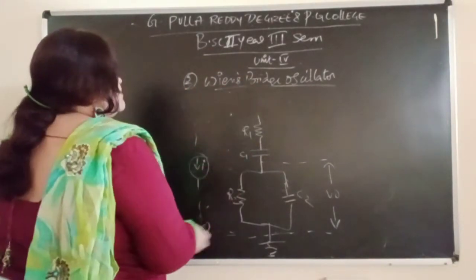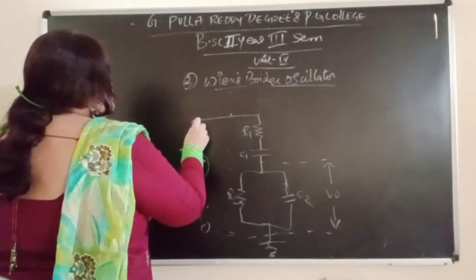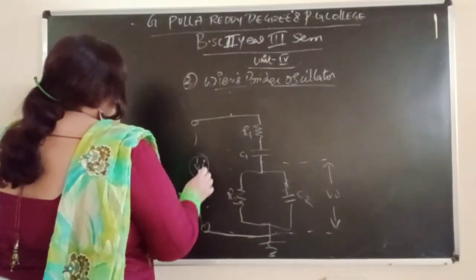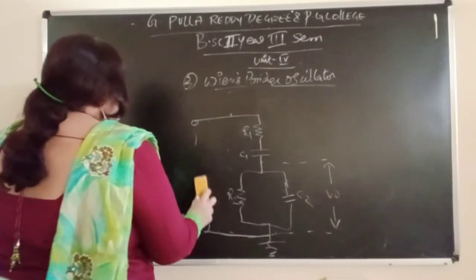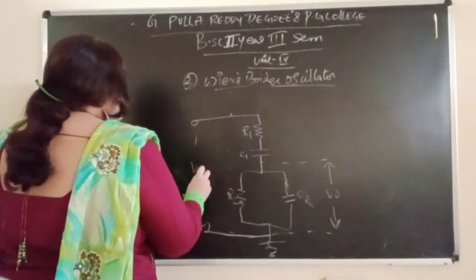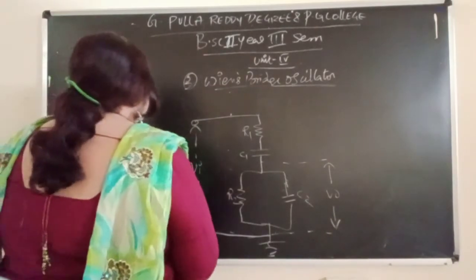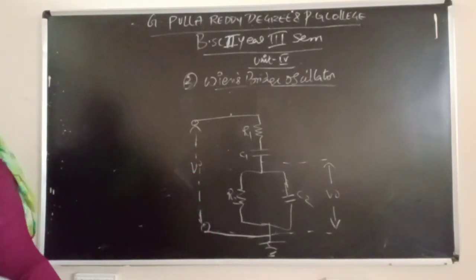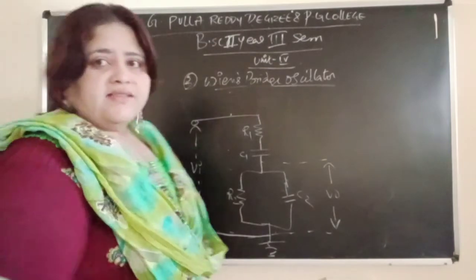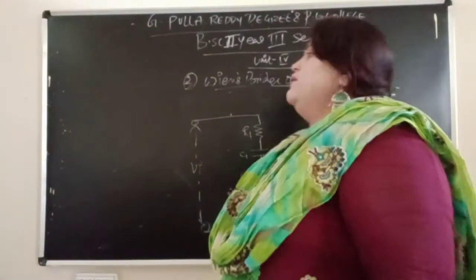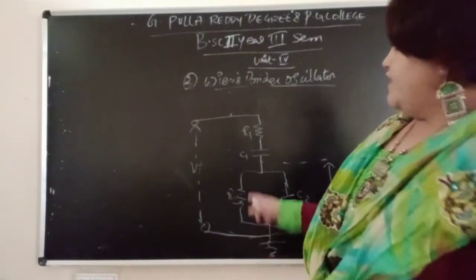You can draw it like this, and mark it as input. So this is how you have drawn the bridge network principle.